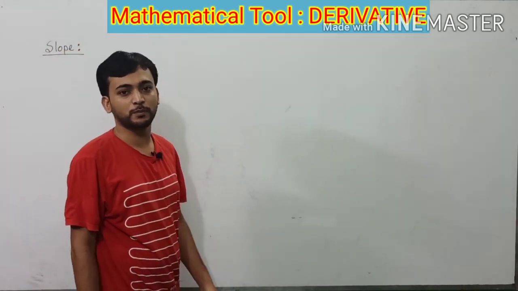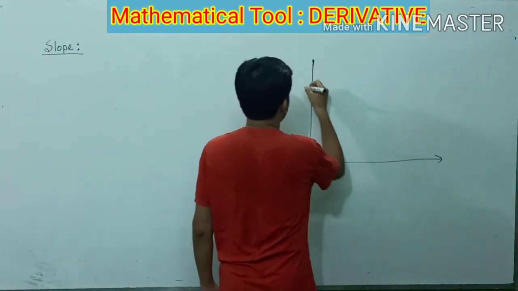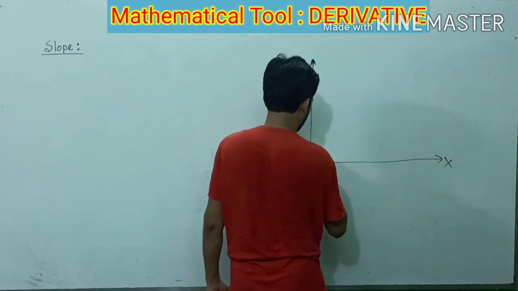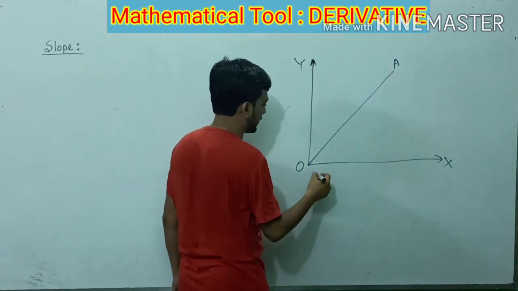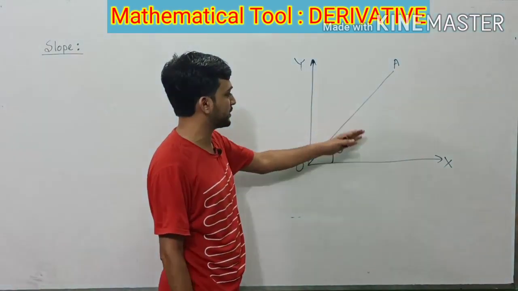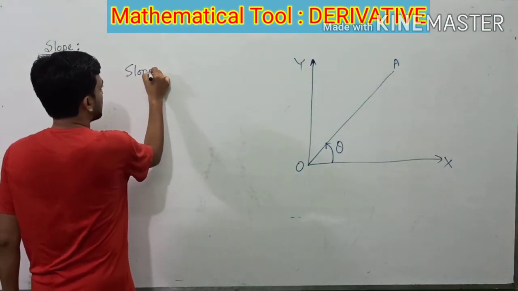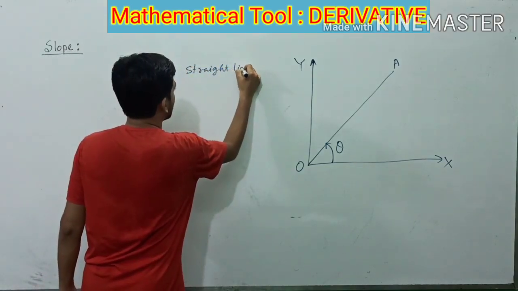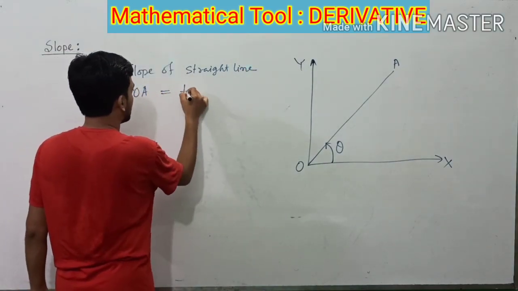Now we are moving to explain the term slope. We are going to consider a two-dimensional coordinate system, and OAB a straight line. Slope of this straight line will be tan theta, where theta is the angle made by the straight line with the positive direction of x-axis. So slope of straight line OA is equal to tan theta.